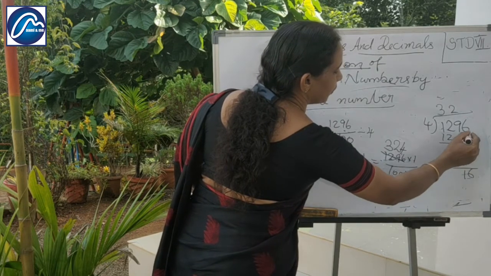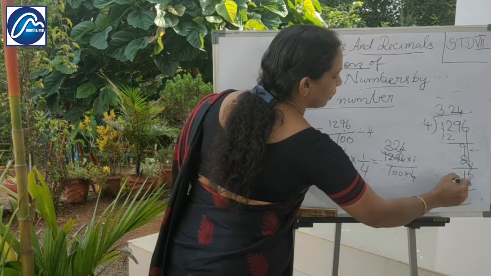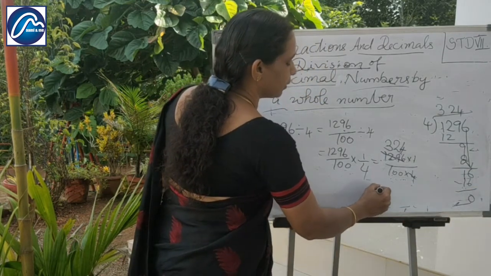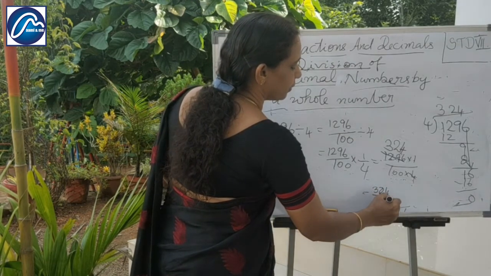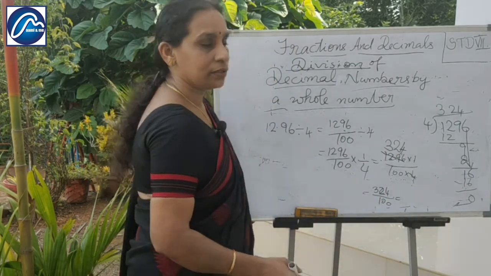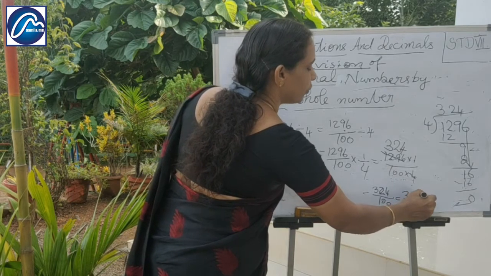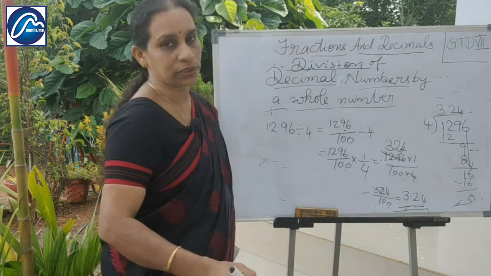Then next number, brought down 16. 4 4s are 16, minus 0. So the answer is 324 divided by 100. So how many zeros are there? 2 zeros. You have to put the point to the left of the number, 2 places.